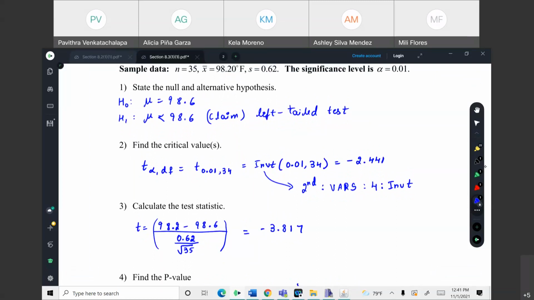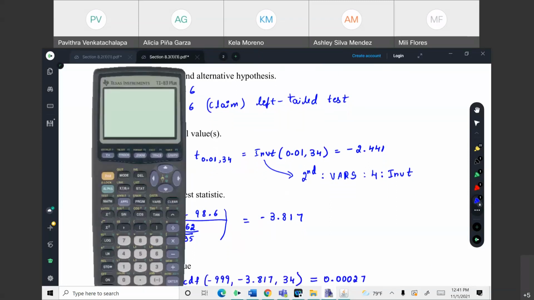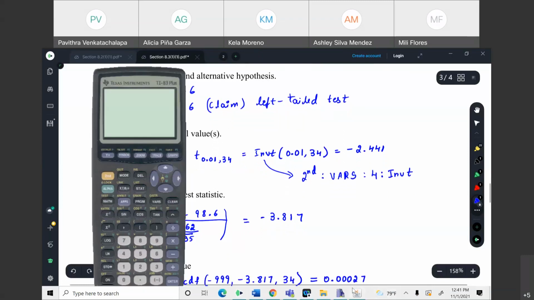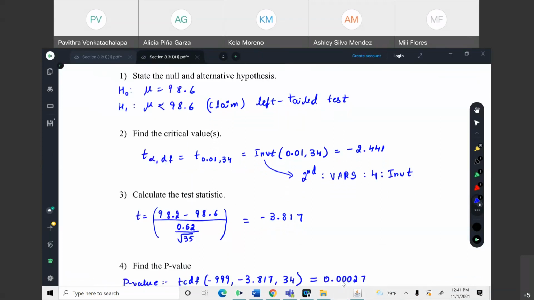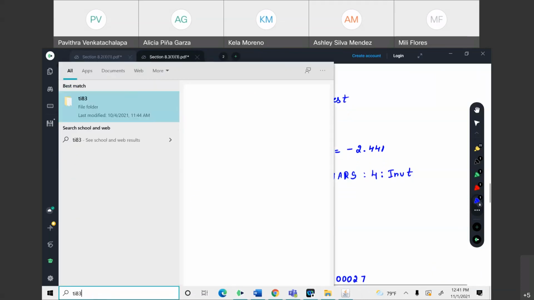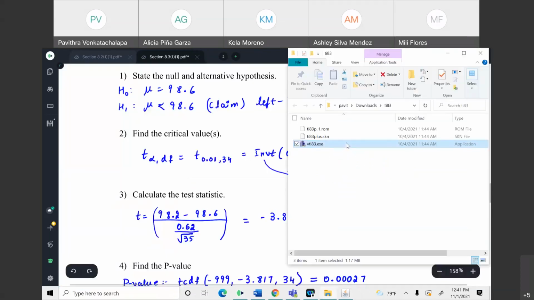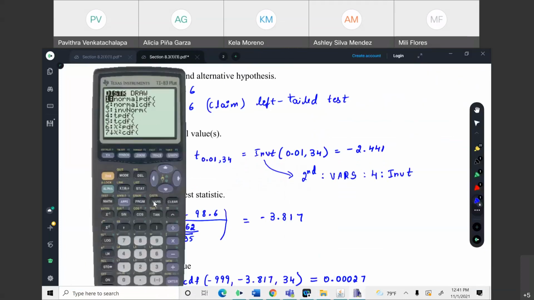So, are you using TI 83 or 84? 83. Okay, so students are using 84 here. The one that you have there is the exact one I'm using. See how number 4 has that T?